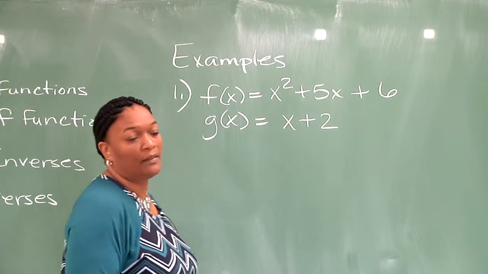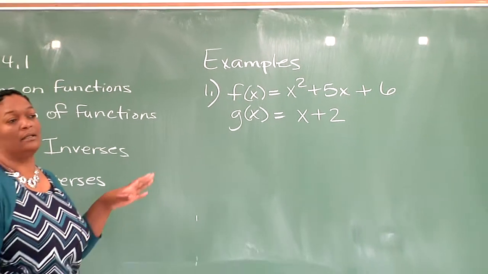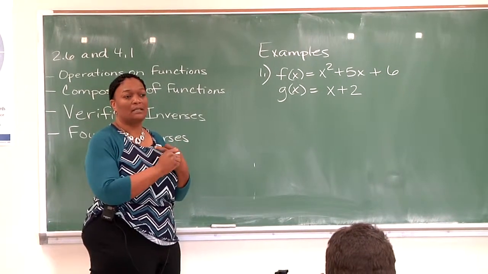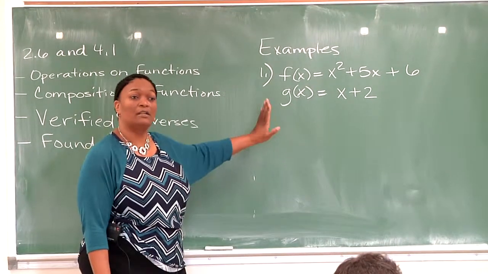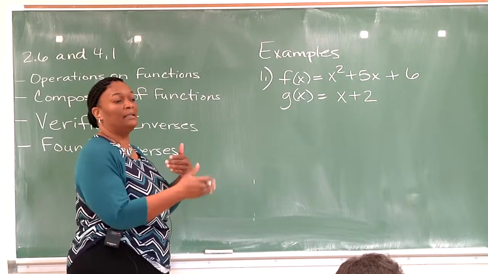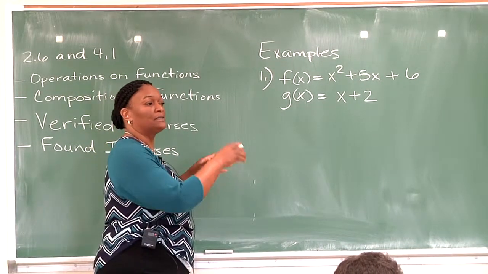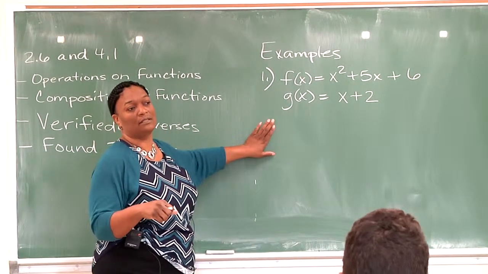We're going to go through all of the different operations that I named a few minutes ago and the ones that we did on Thursday, okay? That was finding the sum, the difference, the product, and the quotient. As I go along, this first go around, I'm going to write it out and show you guys what it should look like. And then after that, because this is a review, we're going to keep going, and I'll just say, okay, we're going to do the sum. I'm not going to keep writing it, so make sure you take notes of this, okay?